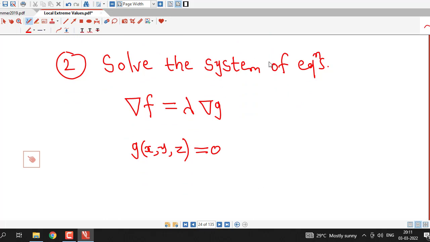In this system of equations, the variables are x, y and z if we have 3 variables, along with one new variable lambda, which is known as the Lagrange multiplier. So we will solve this system of equations in 4 variables x, y, z and lambda. We will not require the value of lambda every time, but sometimes we find the value of lambda to obtain the values of x, y and z.